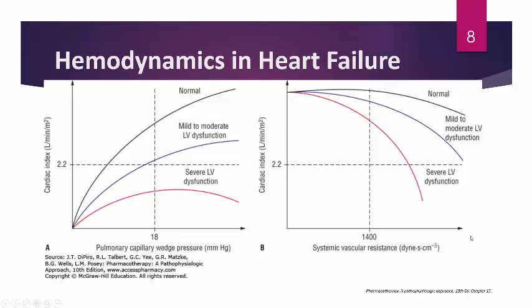Because remember, our formula for blood pressure is equal to cardiac output times your resistance in the vasculature. So if one thing goes down, the other one must go up.